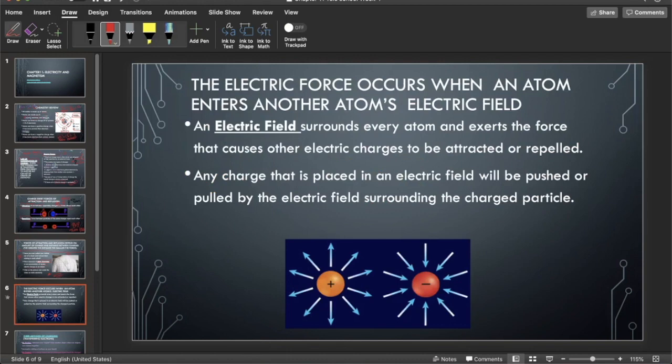All right, so electric force occurs when an atom enters another atom's electric field. An electric field surrounds every atom and exerts the force that causes other electric charges to be attracted or repelled. All right, so this is a proton, okay, and then it's going to try to attract a negative force, okay?